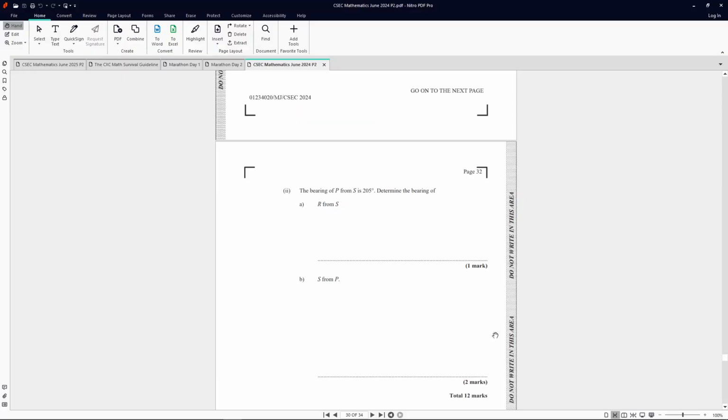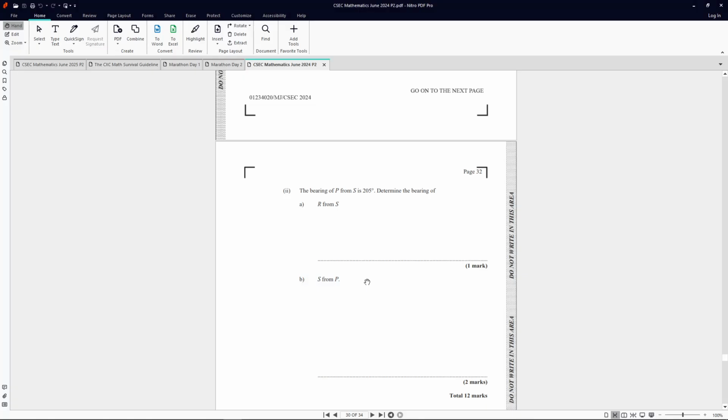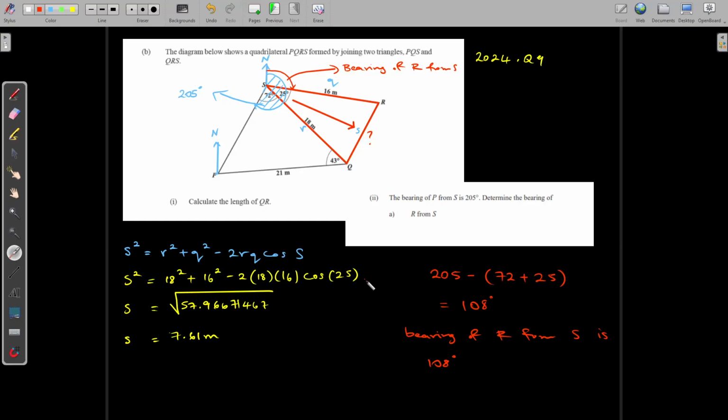So let's see what else they're asking of us. The bearing of S from P. Let's see, S from P. So it would be this piece here. And that as well is very easy. So let's put that here.